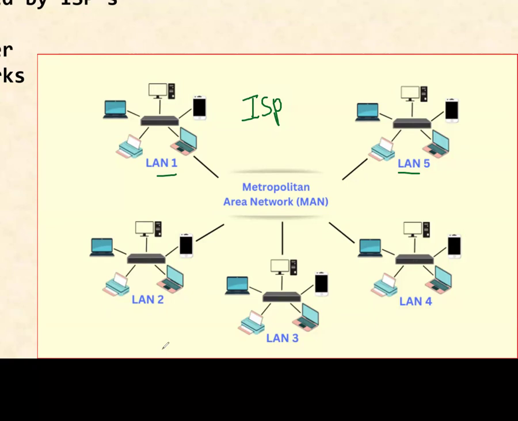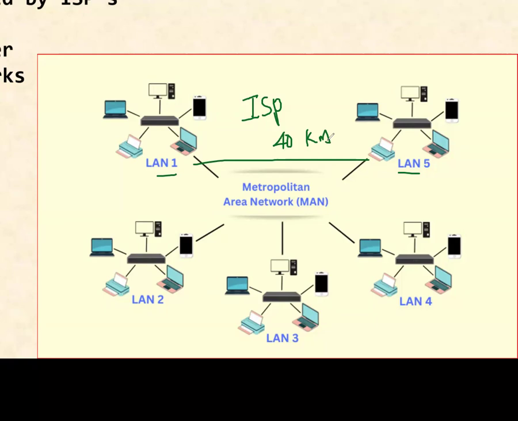Okay. Now, the question here is how they will make the connections. Local area network 1 and local area network 2, let us say the distance is 40 kilometers. How much? 40 kilometers. What are you expecting here, friends? Will they be connected by using a physical cable or will they be connected by using any wireless technology?